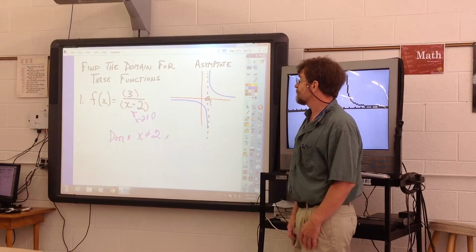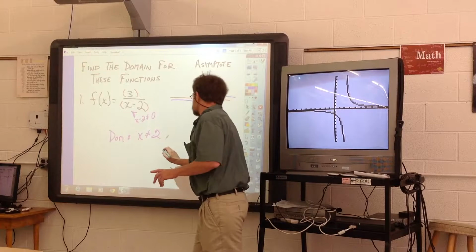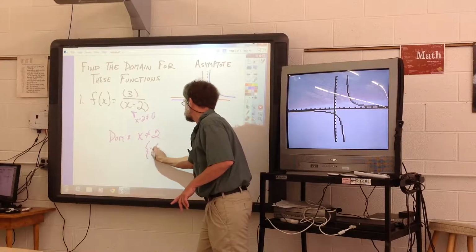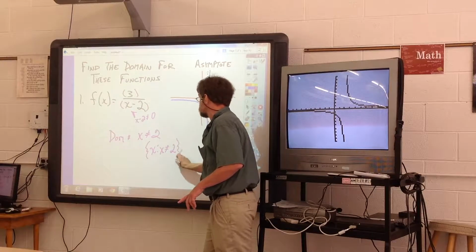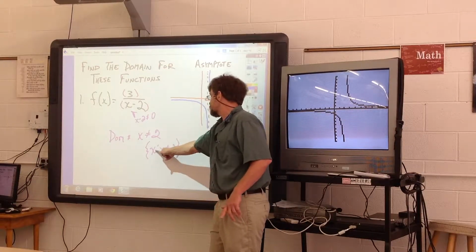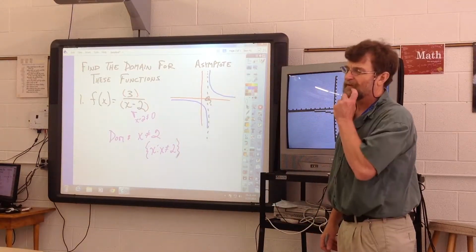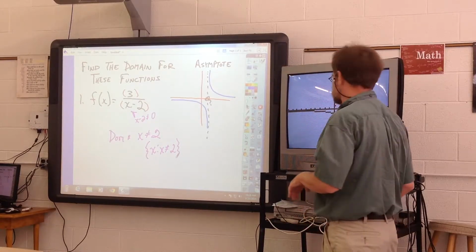And that's it. It can be anything else, but it can't be 2. Lots of times in your books, you'll see this notation on sets, which means all real numbers x such that x does not equal 2. Because 2 minus 2 is 0. All you have to do is say x does not equal 2.